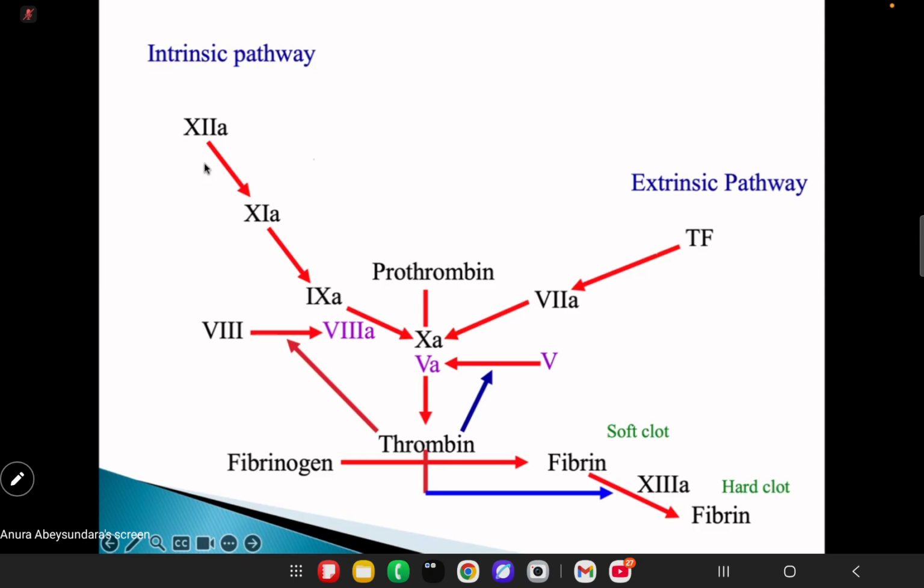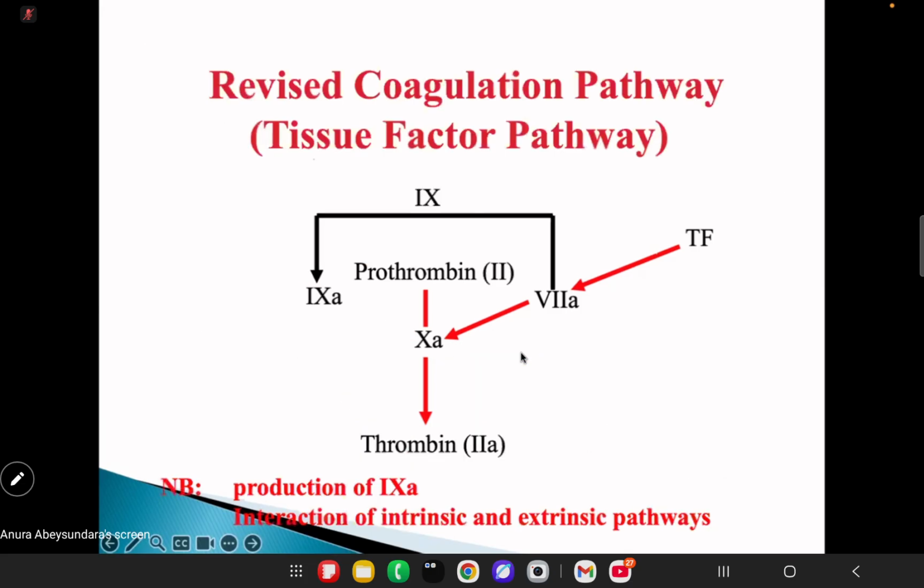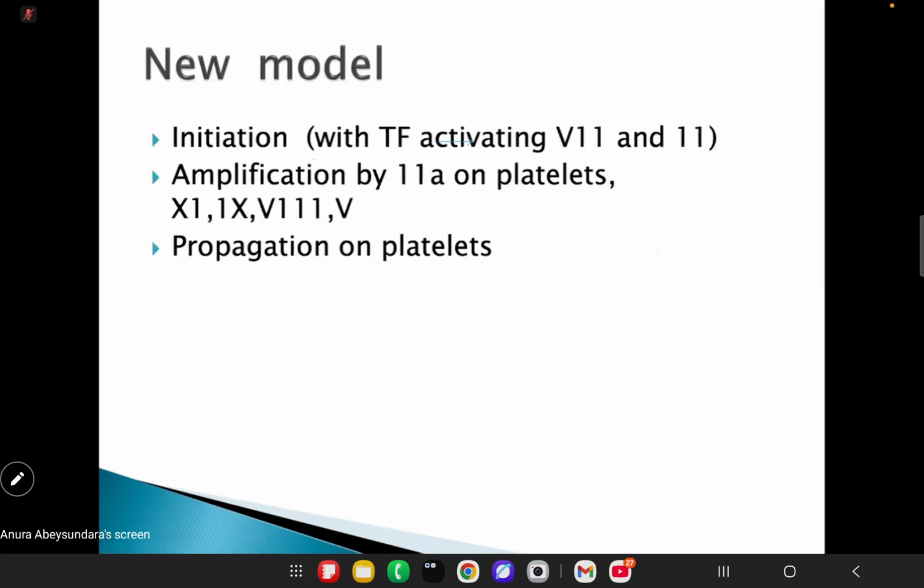APTT measurement is in relation to the intrinsic pathway and the common pathway, both. Understand? Both. So these are the pathways.